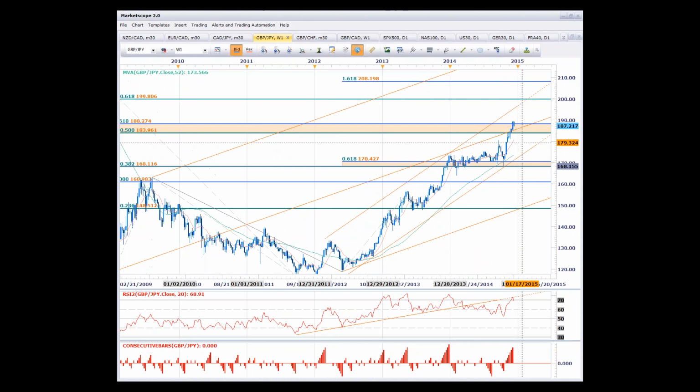Now, if we close the year above this median, sure, this thing could explode right into 200. But my suspicion is that if we fail to hold this into the open of the year, you get some sort of corrective pullback. The last time we saw a 7-week rally was right here. That saw a 4-week pullback into the start of 2014. Before that, we saw a 6-week rally right here in 2013. That saw a 4-week pullback.